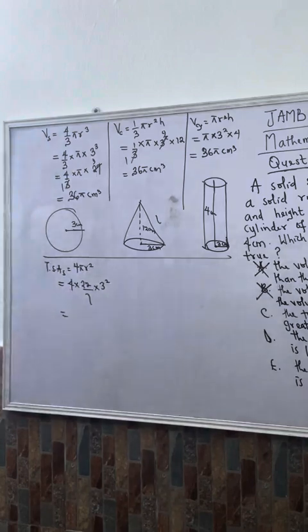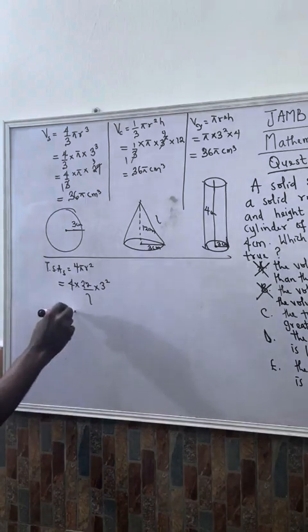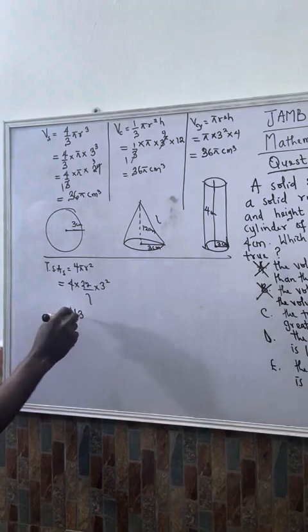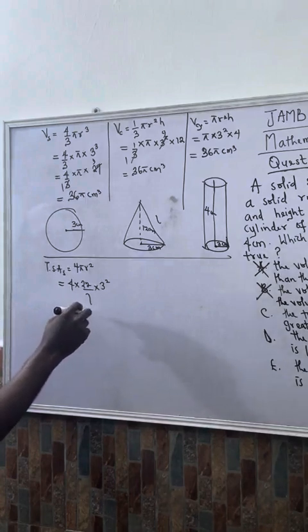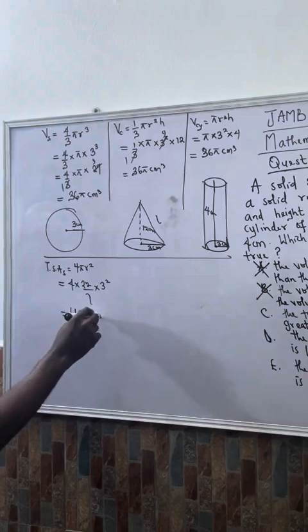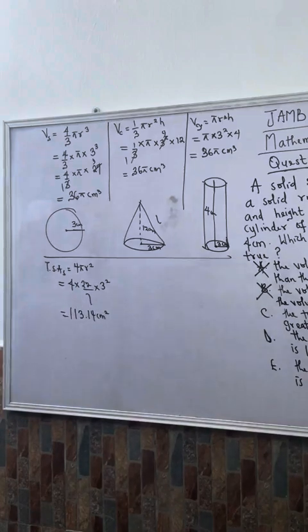So this will be 4 times 22 over 7 times 9, which gives me 113.14 centimeters squared. So that's the total surface area of the sphere.